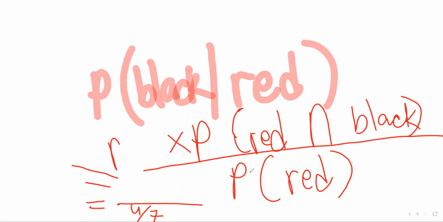So I forgot to write here a probability of black. So what's the probability of getting a black marble? Just a black marble? It is 3/7.